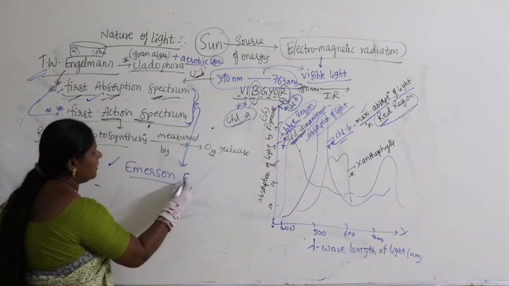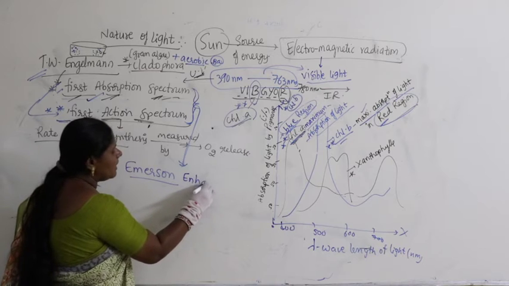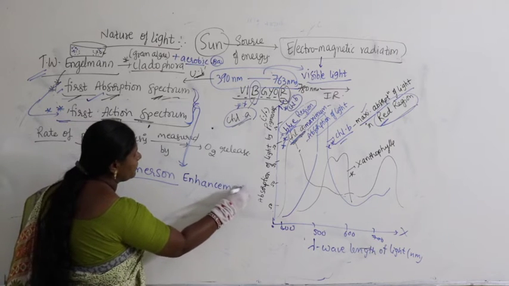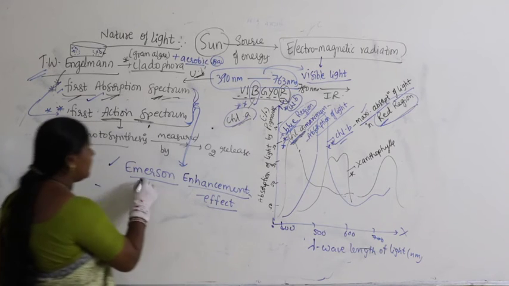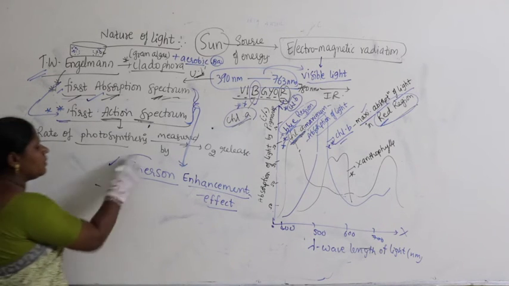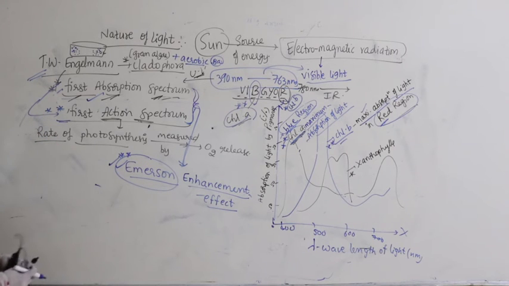The study of these two spectrums is called the Emerson enhancement effect. We will discuss Emerson's experiment and come back to this part later in continuation of the class.